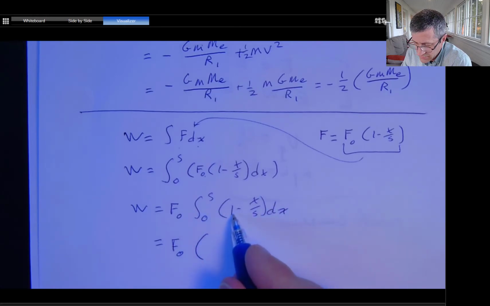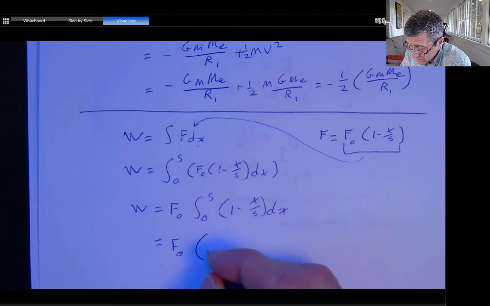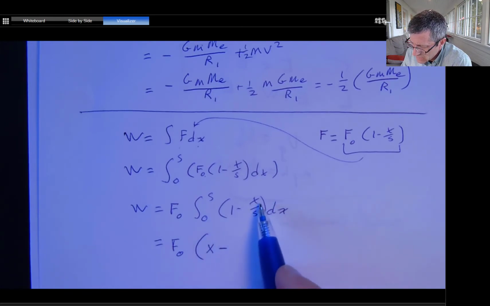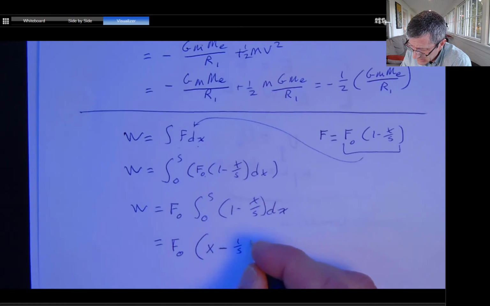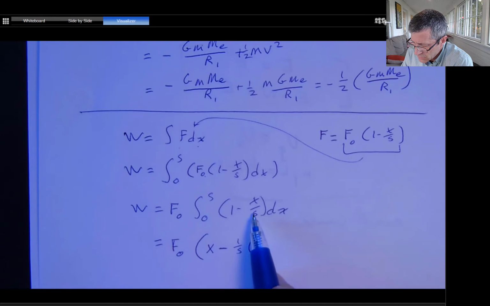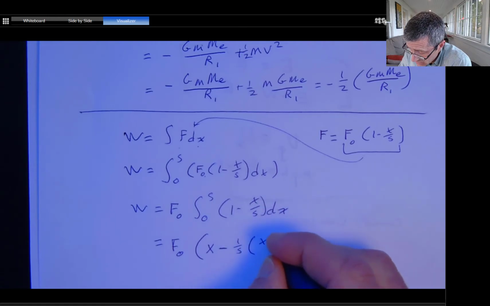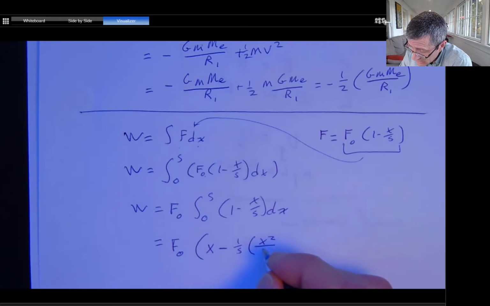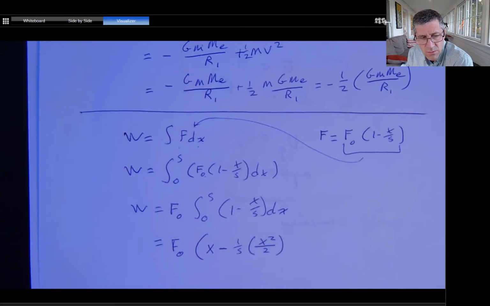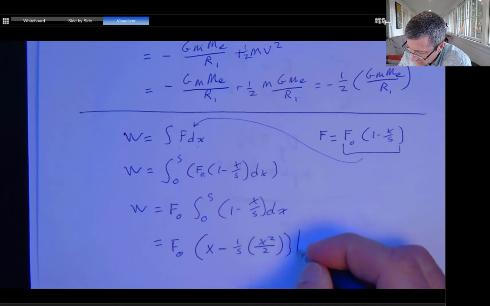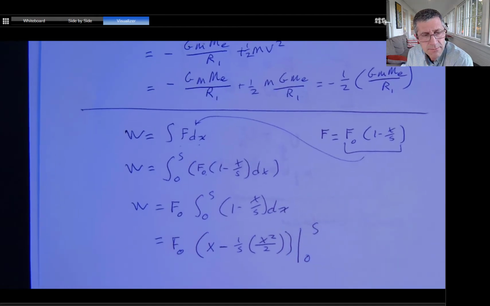This is like having x to the power of 0, so I add 1 to the exponent and divide by that, so I end up with x. And for this one, I'm really thinking this is 1 over s times the integral of x dx. So I take this exponent, which is 1, add 1 to it, so I have x squared, and divide by that new exponent, x squared over 2. And I want to evaluate this from 0 to s.